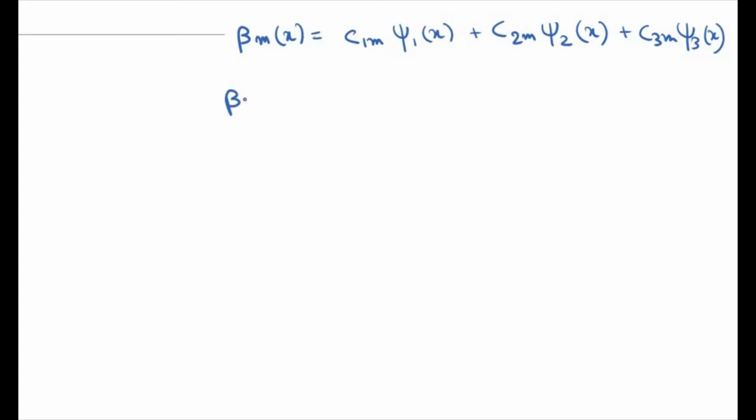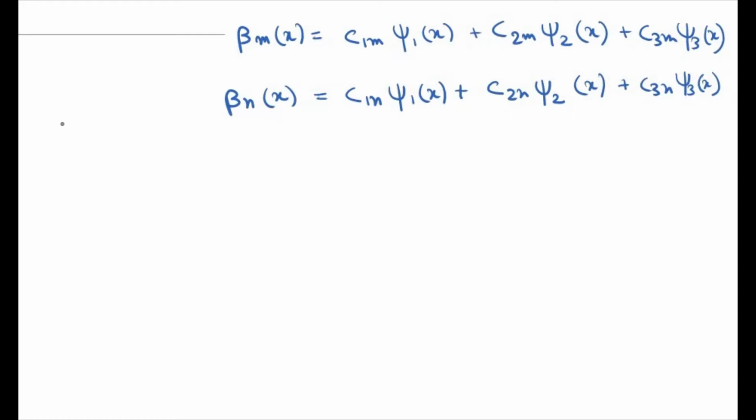Another wave function is beta n(x), which is c1n psi 1(x) plus c2n psi 2(x) plus c3n psi 3(x).